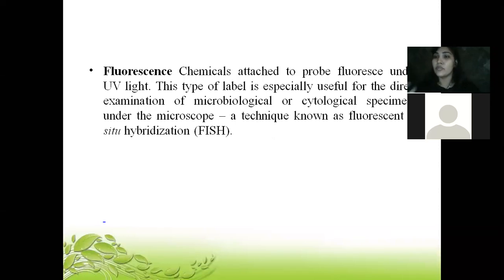So you just have to label that particular enzyme or that protein, and then just let it be in the reaction where the cells are there. And then if there is a complementary receptor or complementary enzyme present on that cell, it will bind, and if you see it under the microscope, you can also see the fluorescent light. So it's a simple procedure.